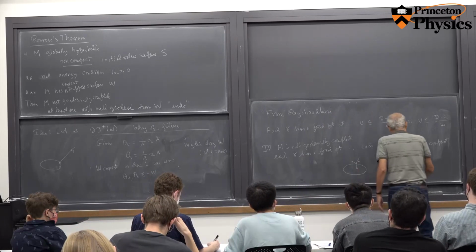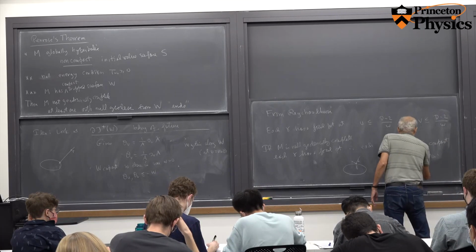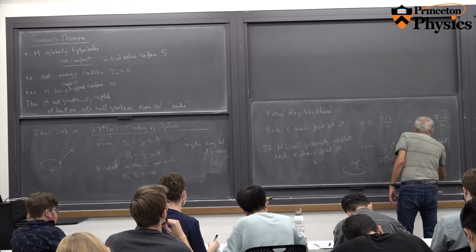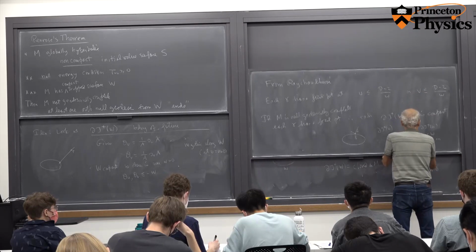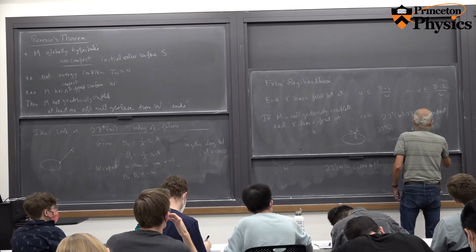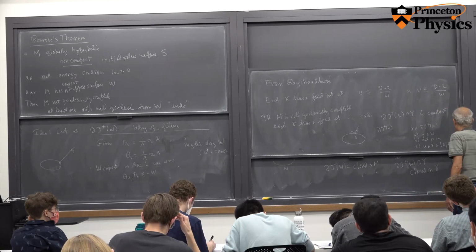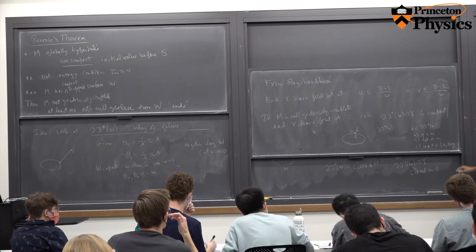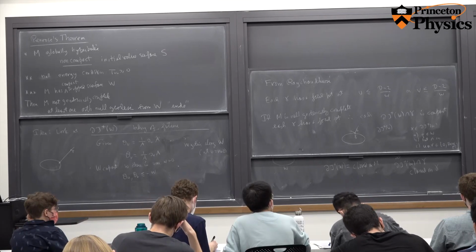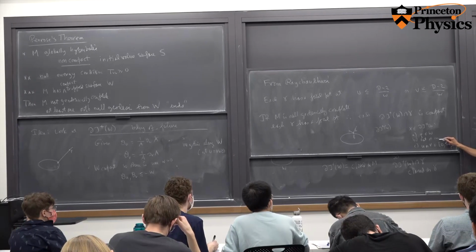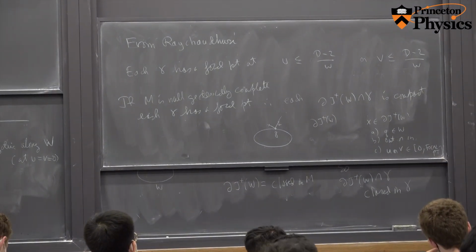So the data describing a point x in the boundary of J plus of W is: a point in W, a choice of out or in, and then you pick u or v in the set from 0 up to the focal point, which is a compact set. The choice of Q is in a compact set, the choice of out or in has only 2 values, and then u and v range over a compact set.